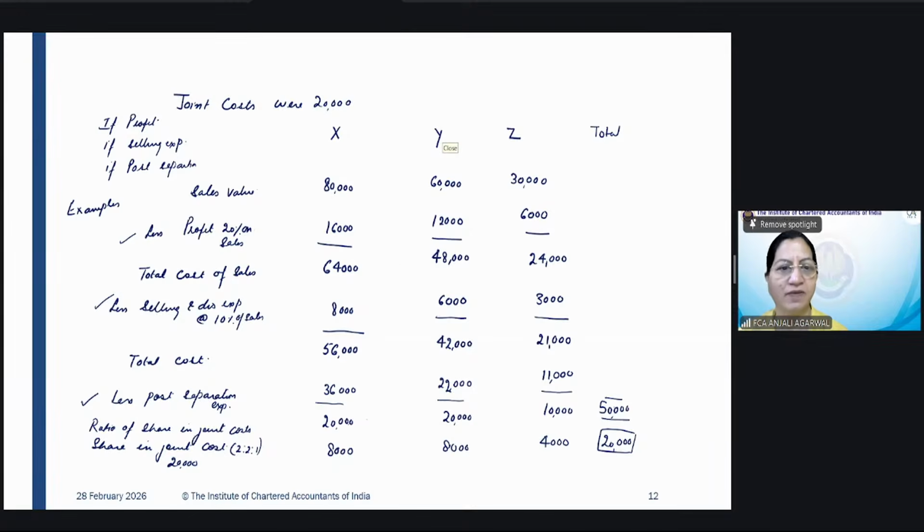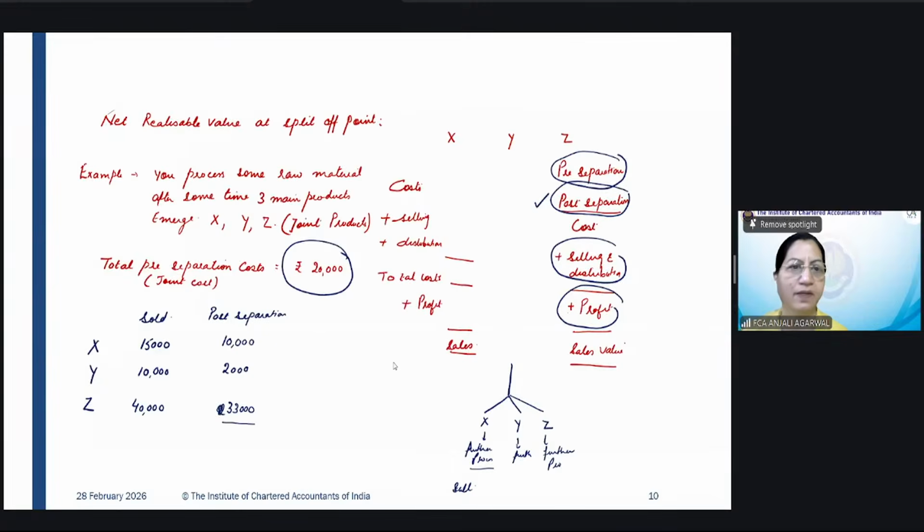Post-separation cost will be given in the question. So what is said here in this example is that you took some raw material and after having processed that raw material, you got three different products, X, Y, and Z. Those were the three joint products because all three products were important.